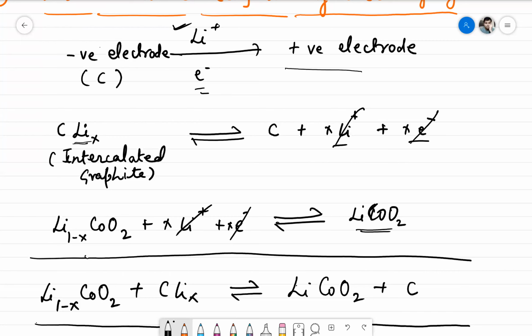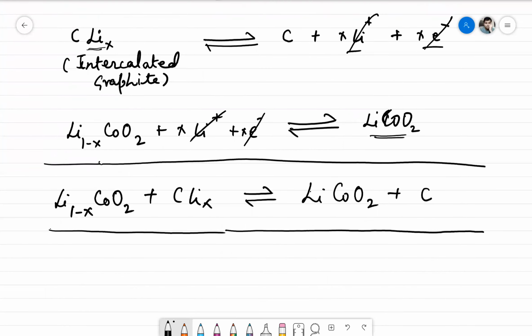So this reaction takes place during discharging. That's how this lithium ion battery works during charging and discharging. Now, what are the advantages of the lithium ion battery?